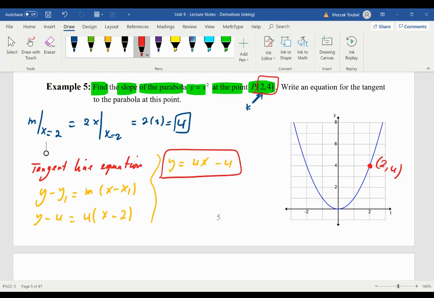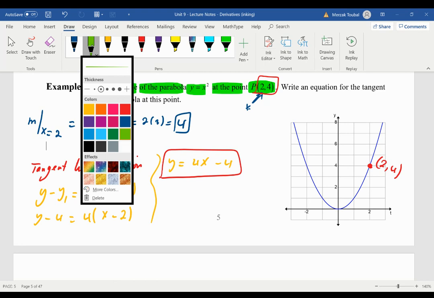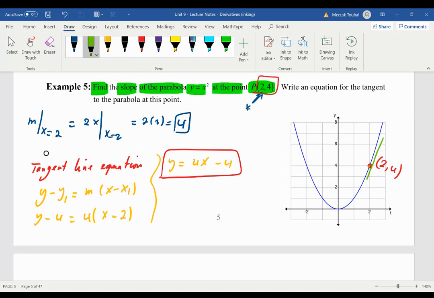If you sketch this tangent line, the y-intercept is -4, it's all the way down there, and the slope is 4, so it's going to be something like this.